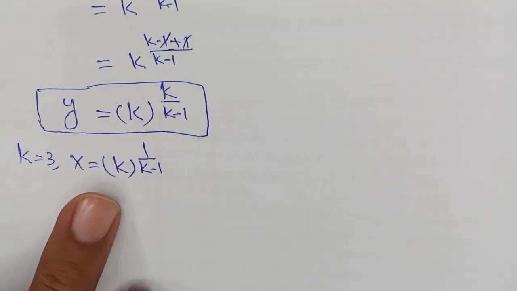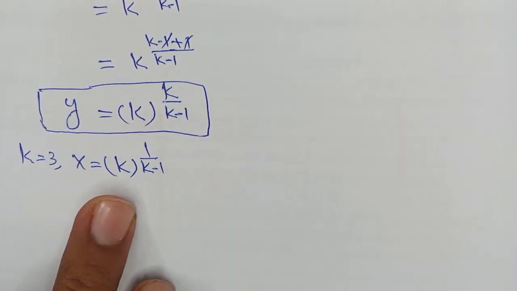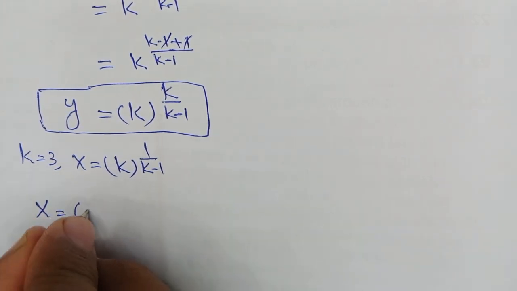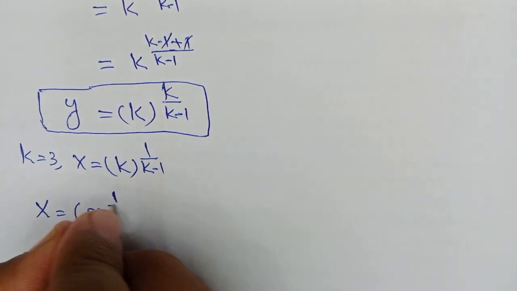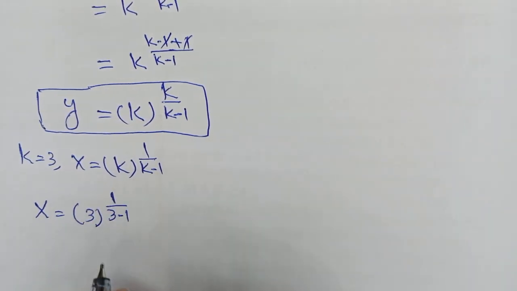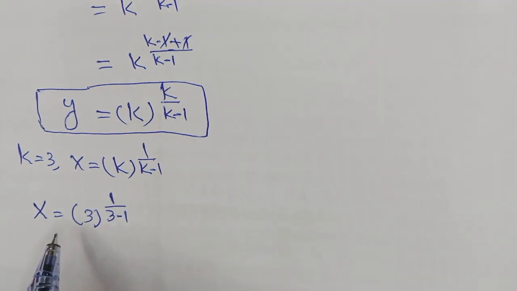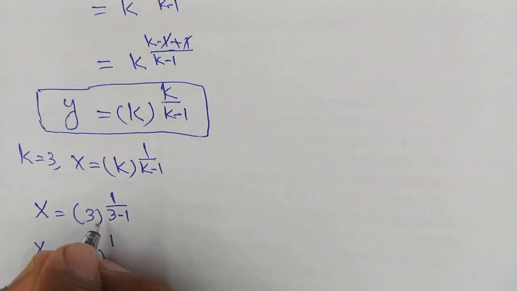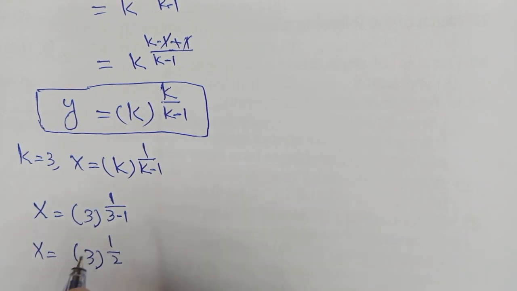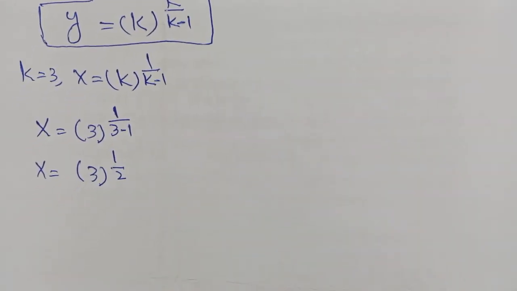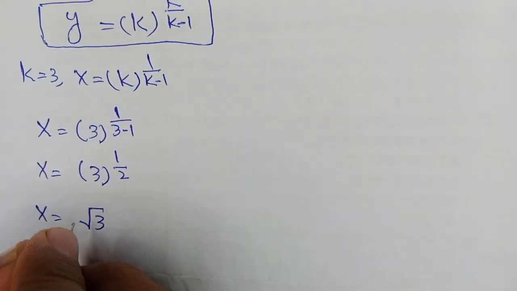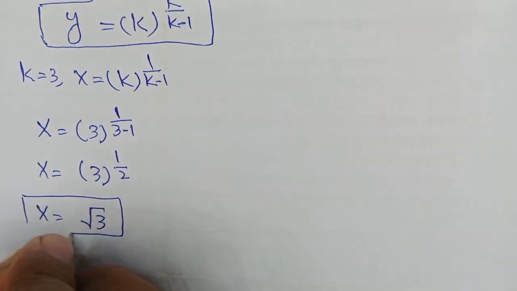We substitute 3 in place of k, so x is equal to 3 power 1 upon 3 minus 1. 3 minus 1 is equal to 2, and as we know, power 1 upon 2 is the square root, so x is equal to root 3. So this is the value of x.